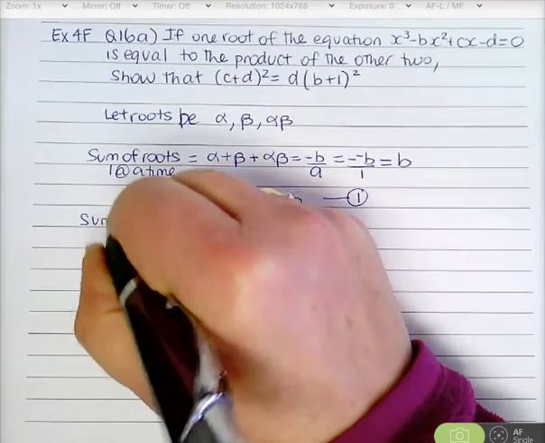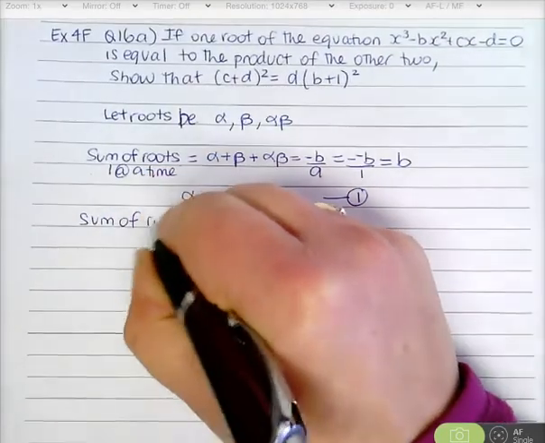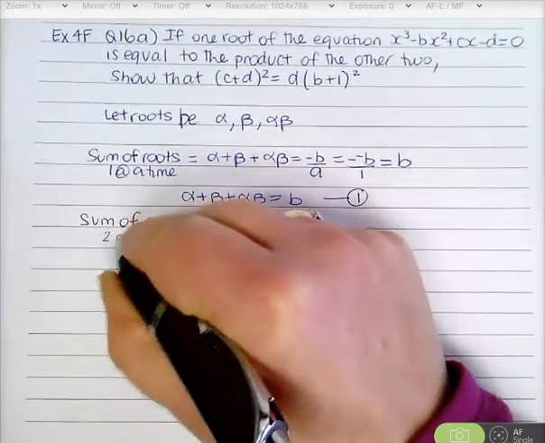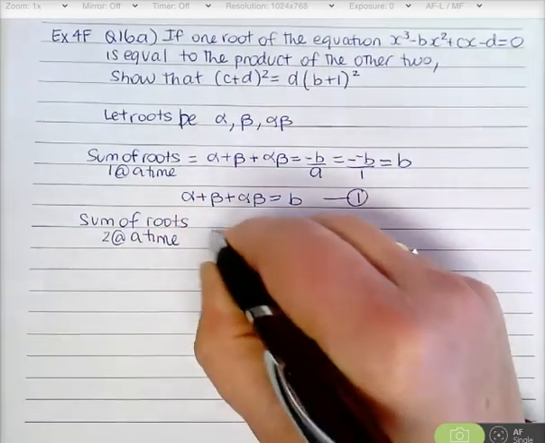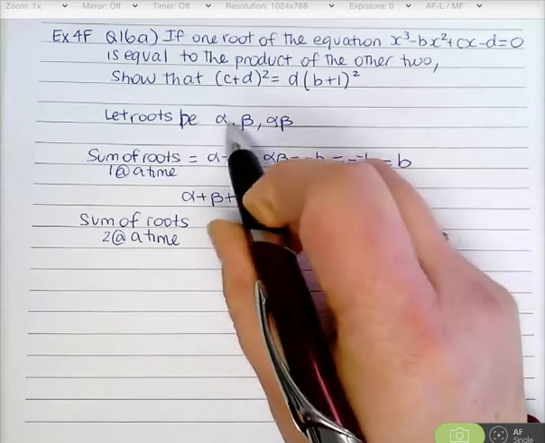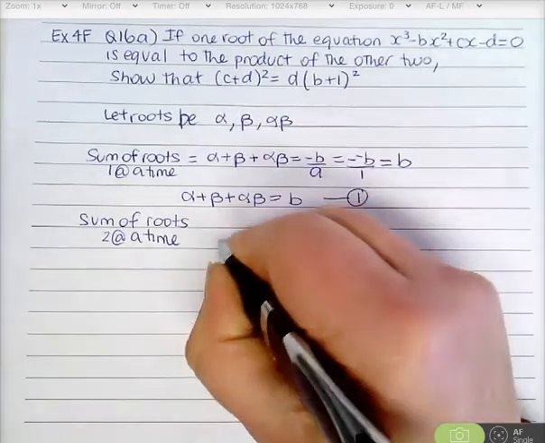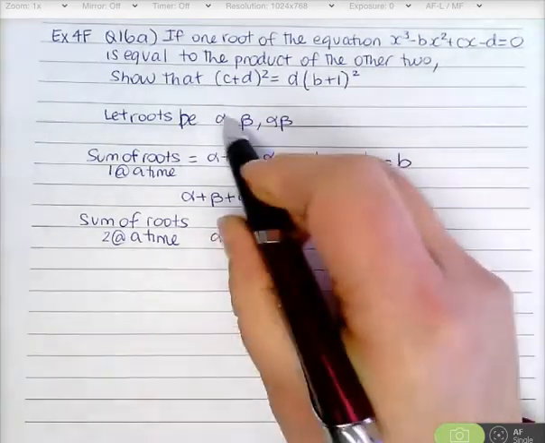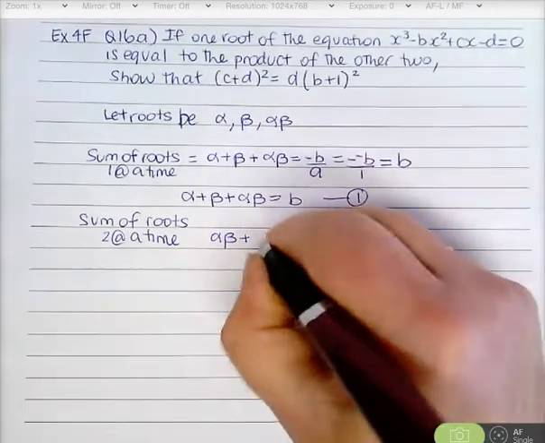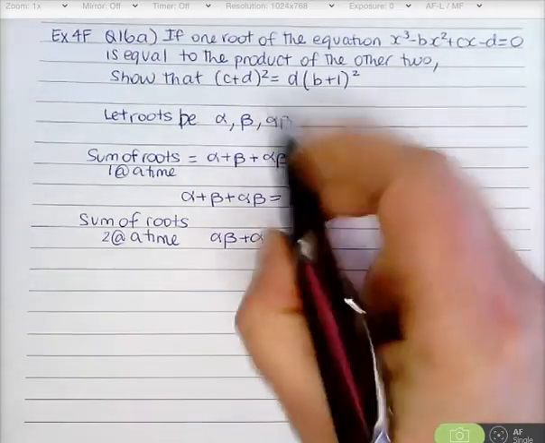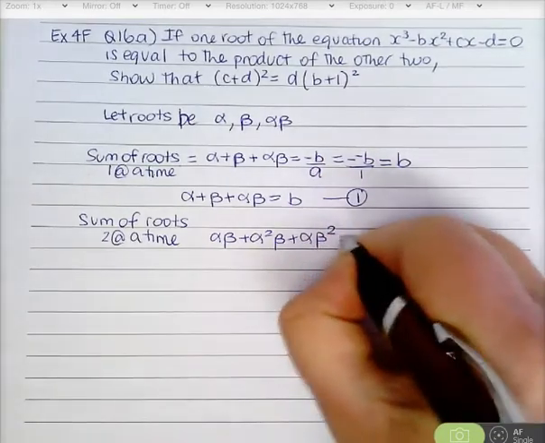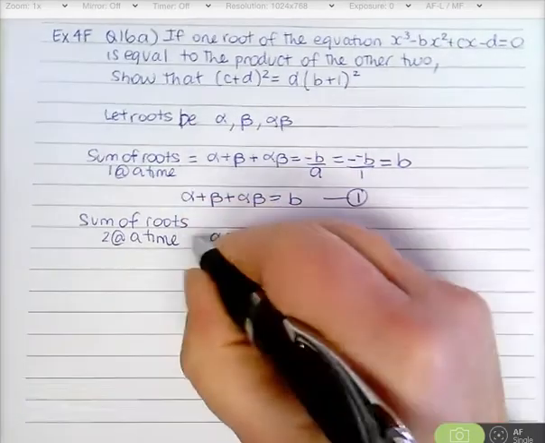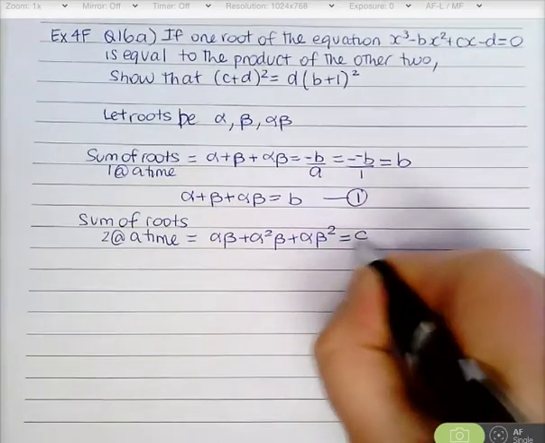Now we're looking at sum of roots 2 at a time. When you do that, just make sure you're getting all of your combinations of roots 2 at a time. So we've got our first two, so we've got alpha times beta, then the first times the last one would be alpha squared beta, and then we look at the product of the last two, which is alpha times beta squared. Remember, sum of roots 2 at a time is c on a.